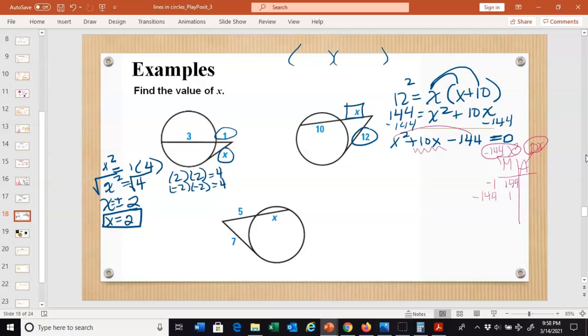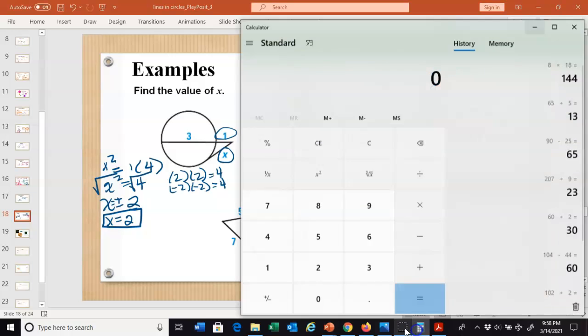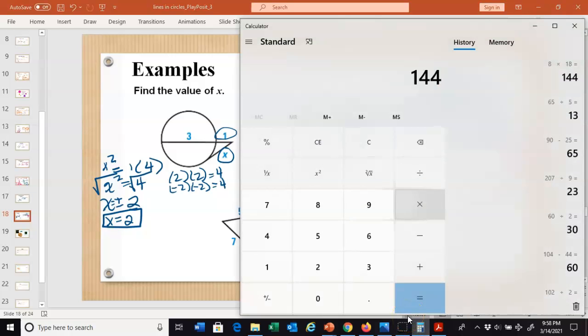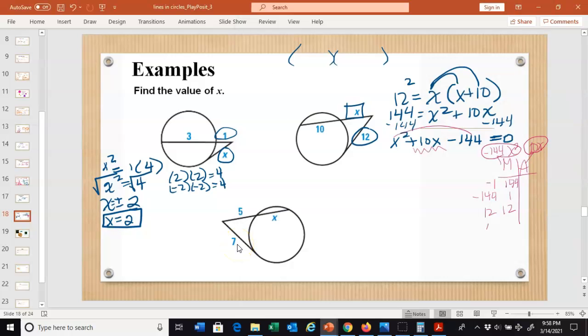Oh my goodness, there's going to be so many. Because 144 is so big. So we're going to have to get to some bigger numbers. Like we know 12 and 12 is 144. And you can even use your calculator to help you. Let's see, 144 divided by 14. Does that work? Nope. 144 divided by 16. Ooh, so 16 and 9, that's another pair. We're looking for the pair that adds to give us 10.